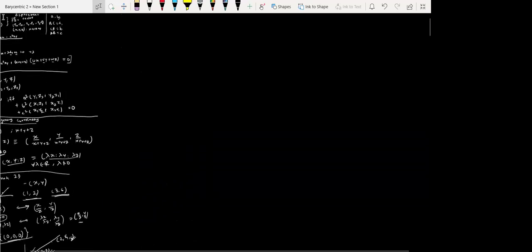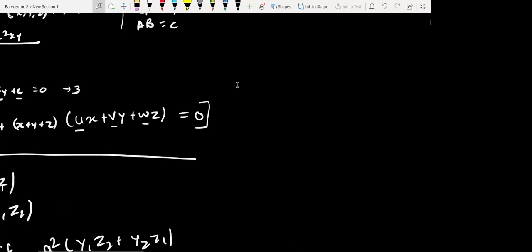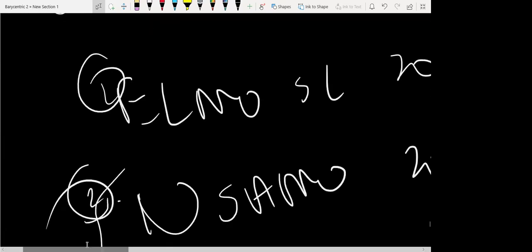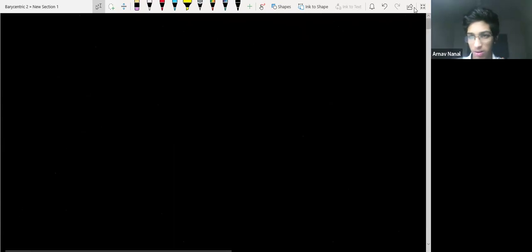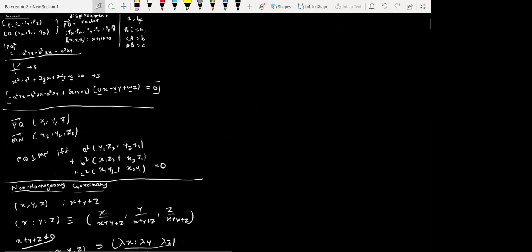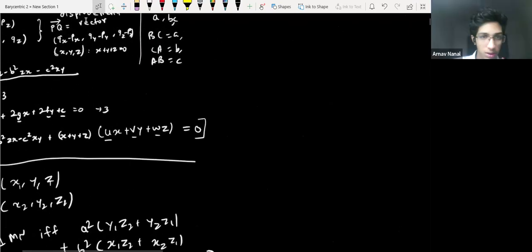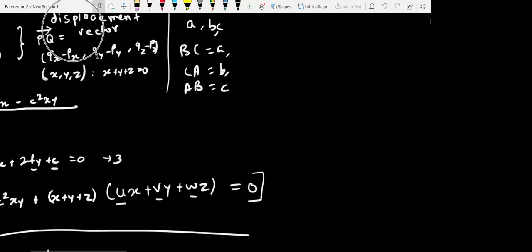Just stop me if you see. Like on the top itself, you wrote the displacement vector, right? Yes. So how do you get that? What's the idea? How do you get that qx minus px, qy minus py?